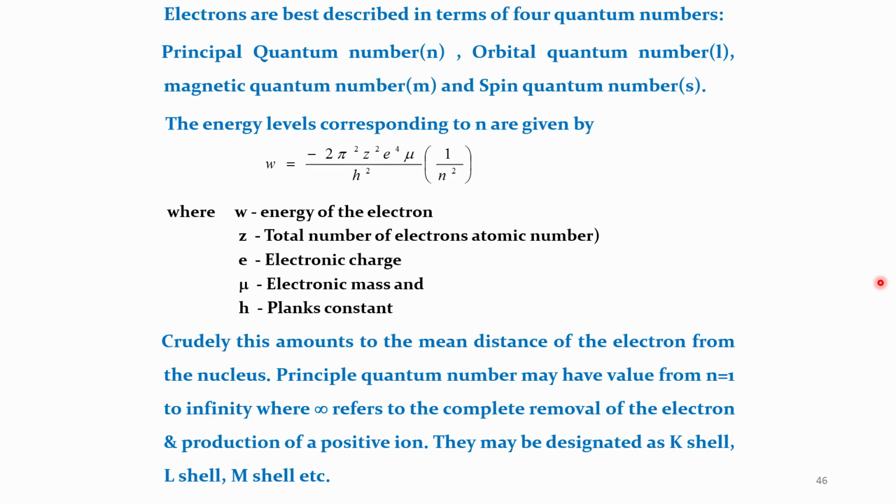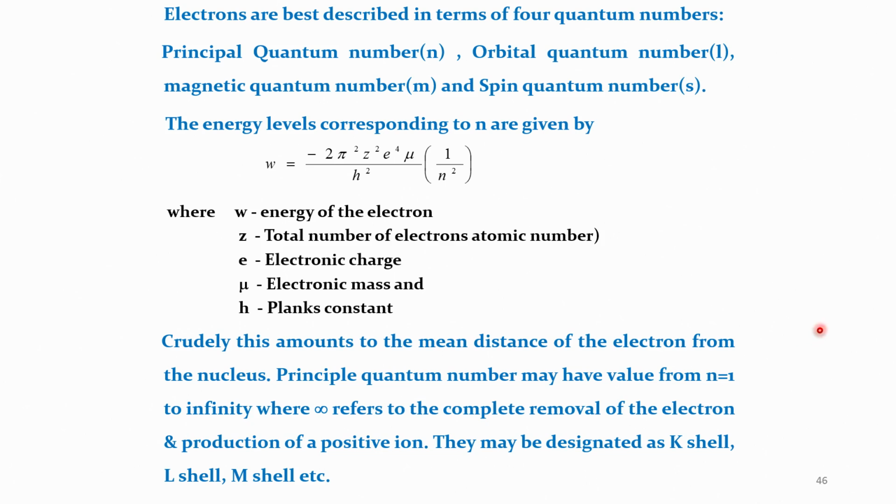The electrons are best described in terms of 4 quantum numbers: the principal quantum number n, the orbital quantum number l, the magnetic quantum number m, and the spin quantum number s. With these 4 quantum numbers, we can define any electron in a given system, that is, in any element.